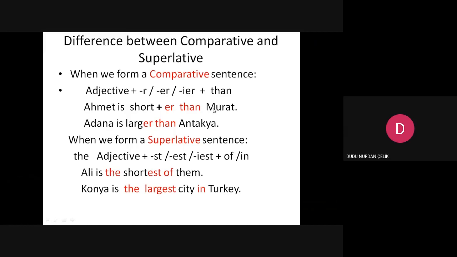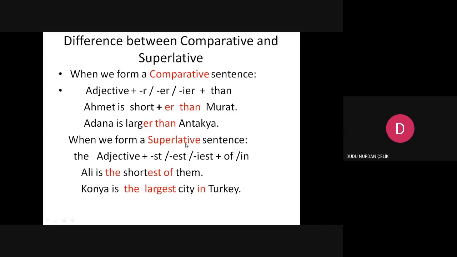And when we talk about Murat, we must say than. We already learned this. Another sentence in comparative form, Adana is larger than Antakya. We compare Adana and Antakya, 2 things, remember, comparative. And we say Adana is larger than Antakya.